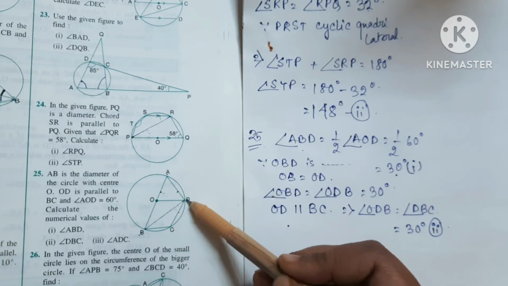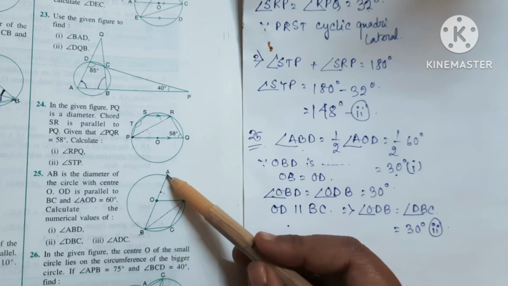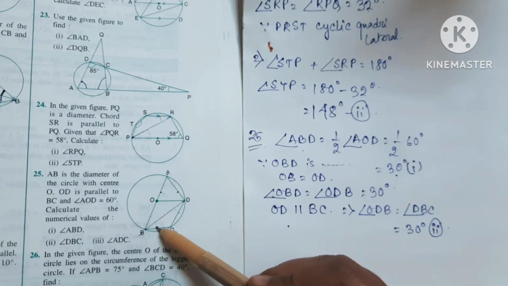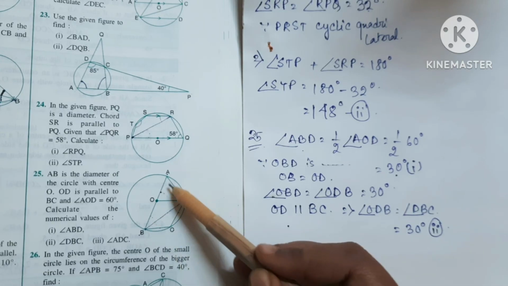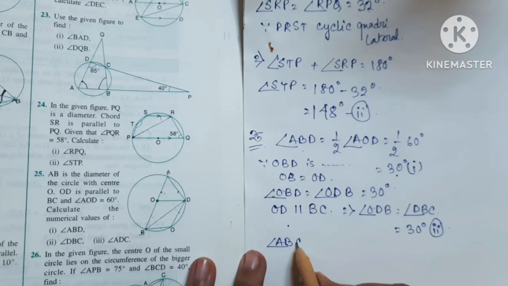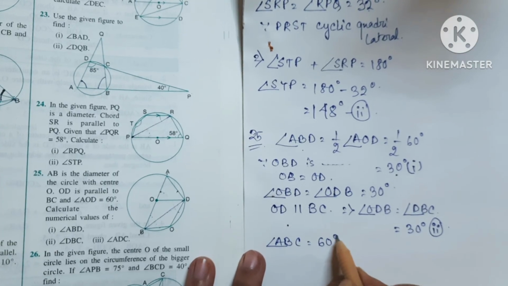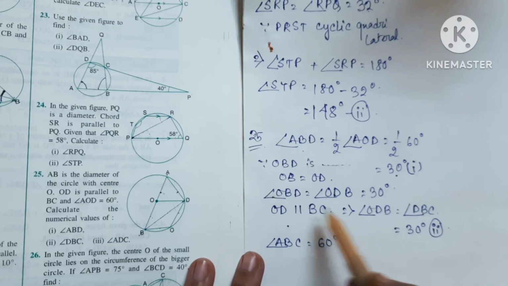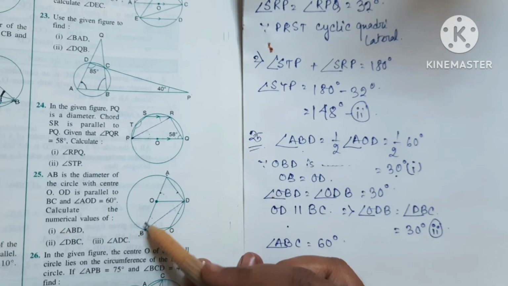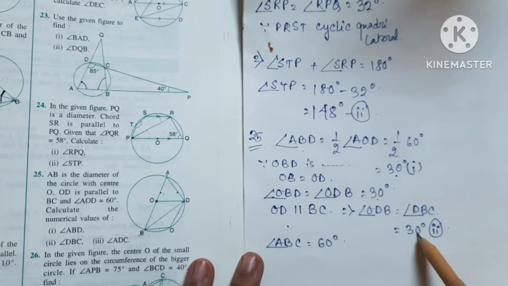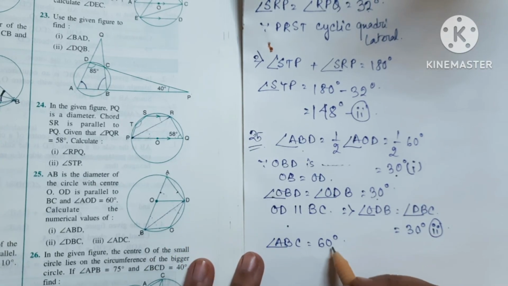Now see, ABCD is a cyclic quadrilateral, where angle ABC is 30 plus 30, that is 60 degree, right? Because OBD is 30 and DBC is also 30. So 30 plus 30, that is 60.